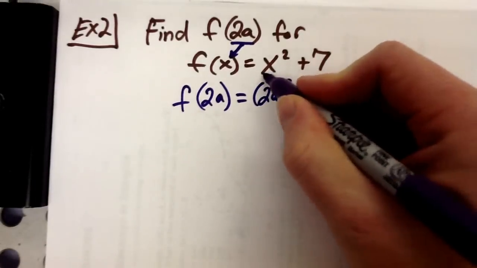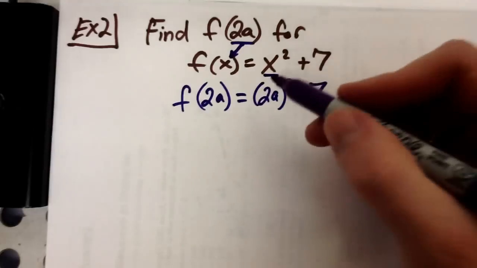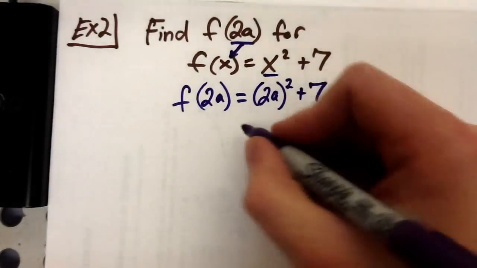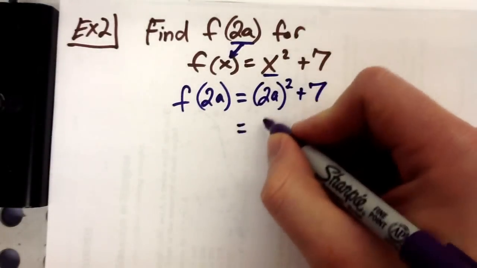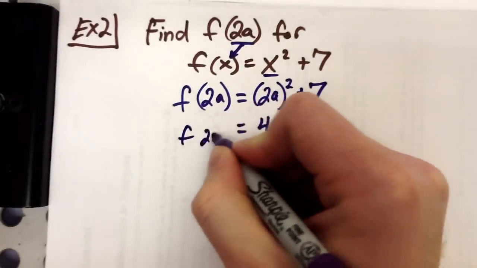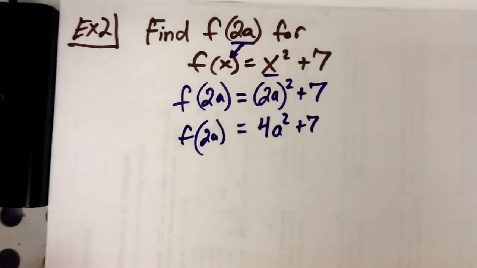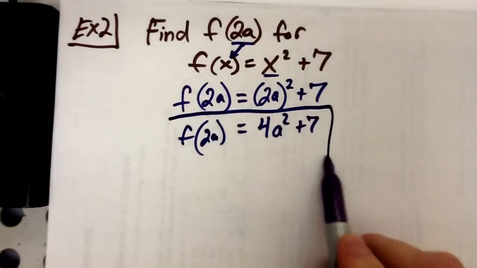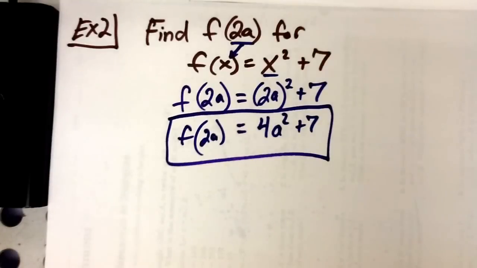So 2a gets squared because it replaces x. Square that, 4a squared plus 7. So f of 2a is 4a squared plus 7. And that's as far as we can go. We can't really do much more. Actually, we can't do anything more.